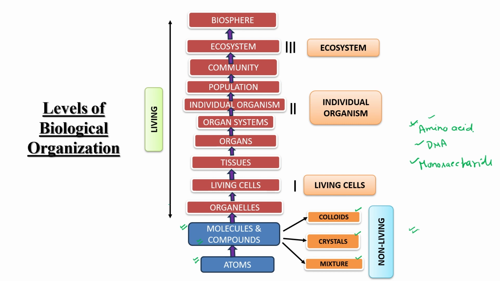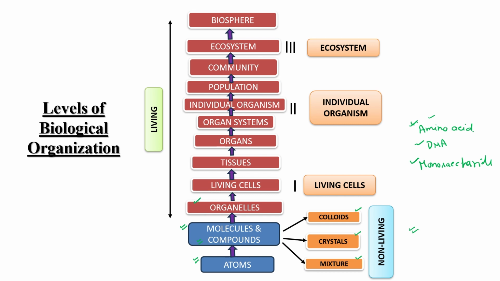Okay, so initially atom, lowest level, then after the combination of atoms, some kind of molecules or compounds have been formed. Three categories I have mentioned over here, already discussed, right? If these molecules have a characteristic of biological importance, that time we can use the term biomolecules.